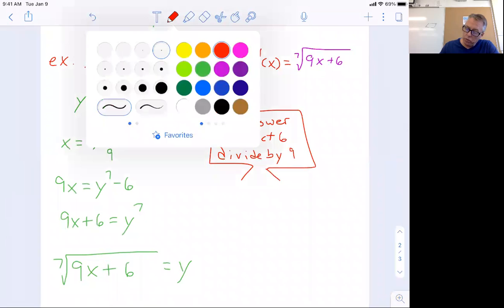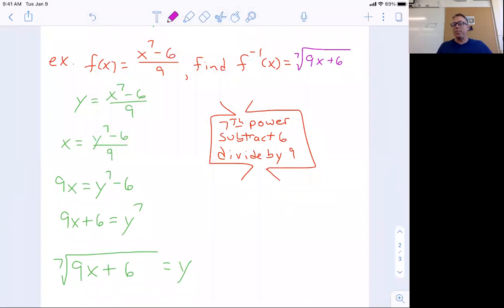So we have to do the complete opposite of that in the reverse order. The first thing, if we're going this way, is undo that by multiplying by 9. So we take our number and multiply it by 9.